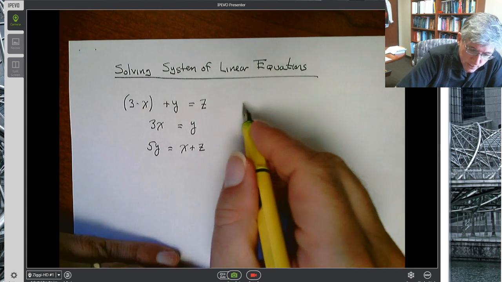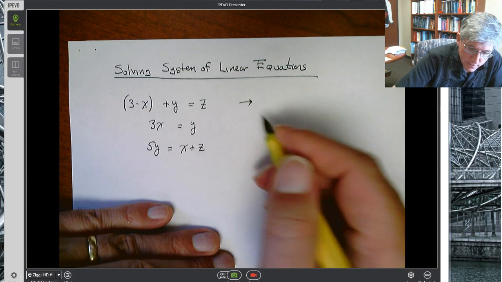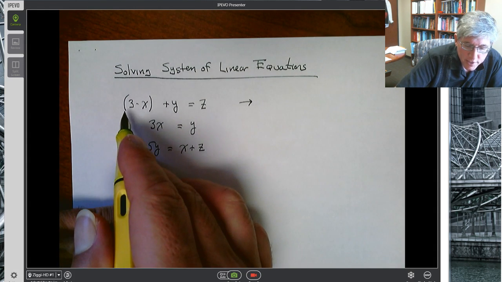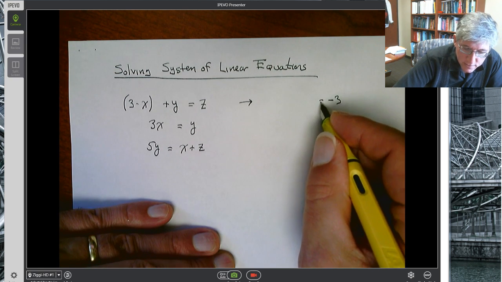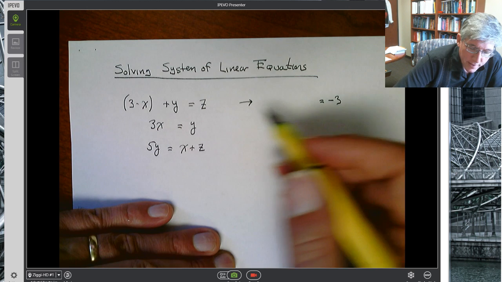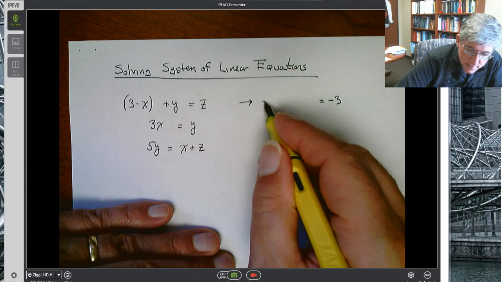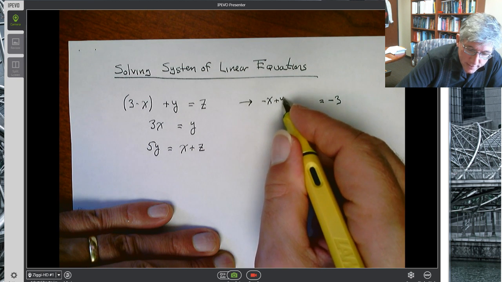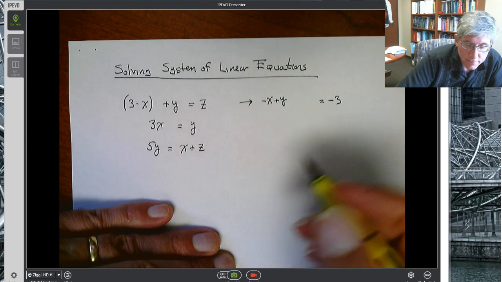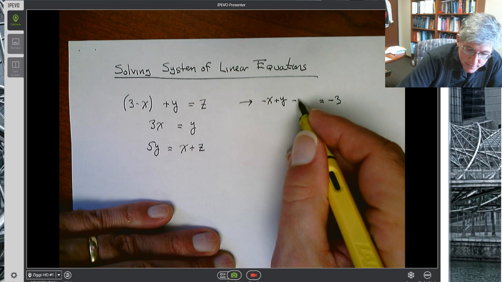So let's take this first equation. Well, look, you got a 3. If we bring that over to the right side, that's a minus 3. All right. We got a minus x on the left side, a plus y, and then if we bring the z over to the left side, that's going to be a minus z.